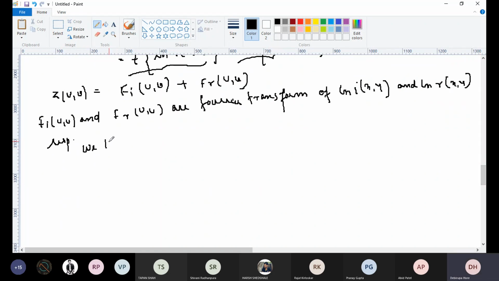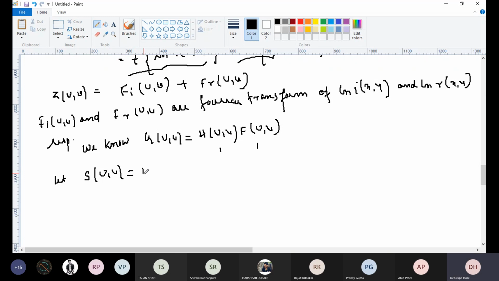So we know g of uv is equal to h of uv into f of uv. Therefore, this is the processed image, this is the filter, and this is the original image. So let s of uv is equal to h of uv into z of uv. Now what is this z of uv?